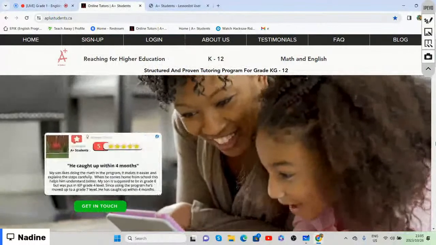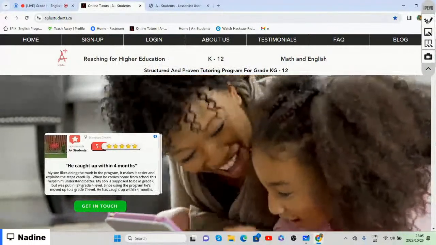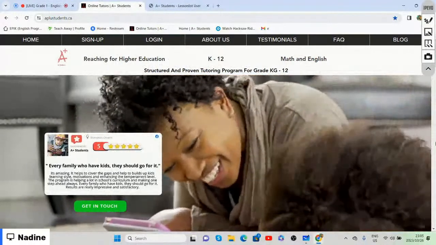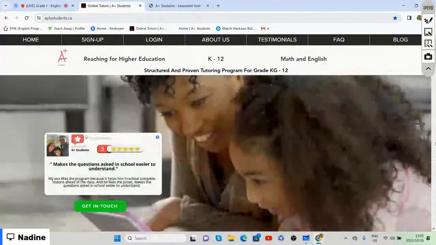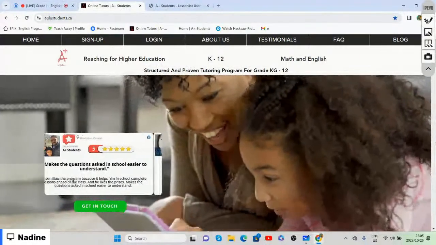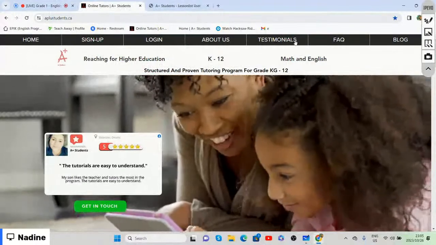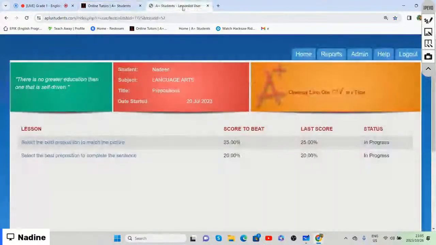Once we've selected the grade, we're going to scroll down until we get to the chapter of prepositions.